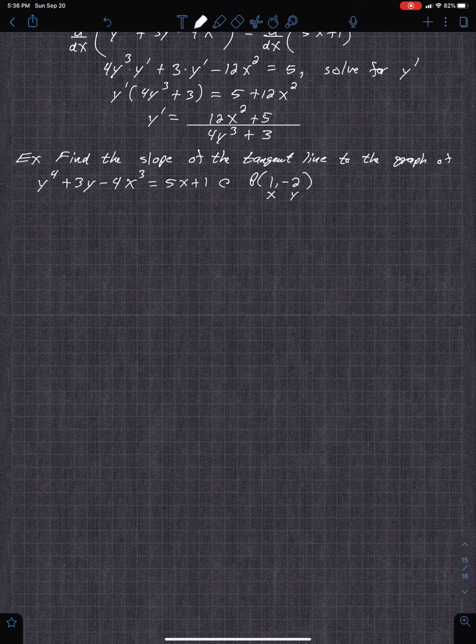Okay, so we need the slope of the tangent line. We already have this form, and we just substitute that in. So y prime evaluated at that point is equal to 12 times x squared, which is 1 squared, plus 5 over 4 times negative 2 cubed plus 3.